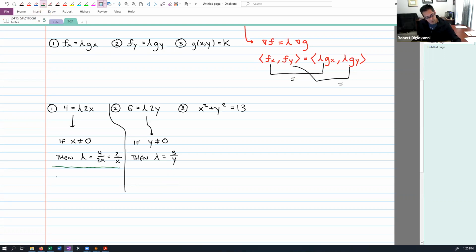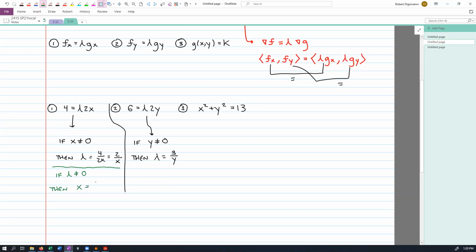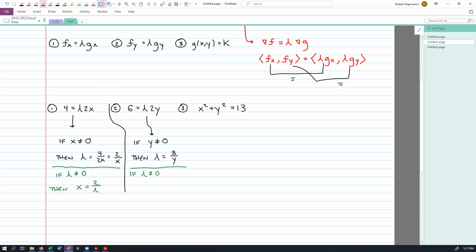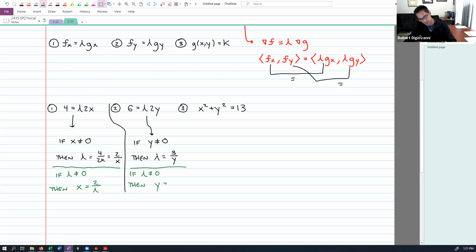We could have said, if lambda is not 0, then x is equal to 2 over lambda. That's just taking that equation, solving it for x, dividing both sides by 2 lambda. And over here, we could have done the same thing. If lambda is not 0, then y would be 3 over lambda. Y'all with me?